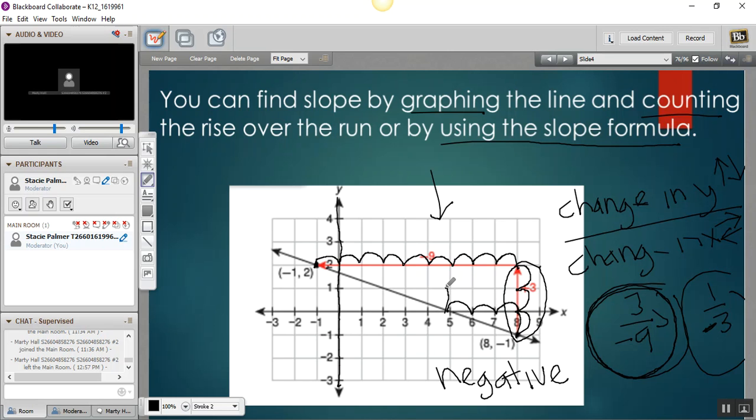If we were to move up 1 to the left 3, we're going to land on the line every time. So the slope of this line is always up 1 to the left 3. That's its steepness for the entire line.